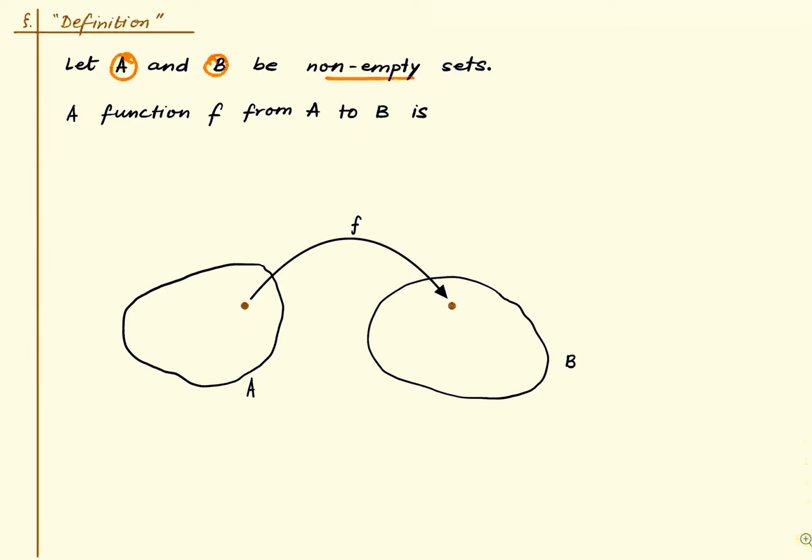Both are non-empty. A function whose name is little f from the set A to the set B is defined in a certain way, but before that, let me highlight.